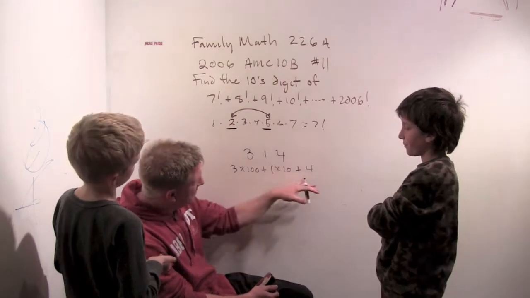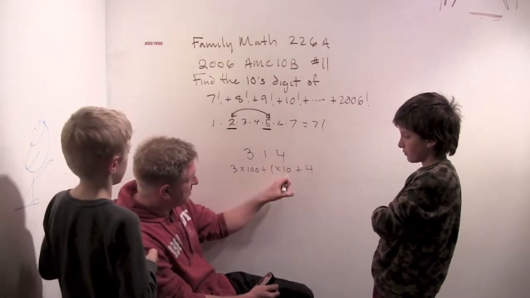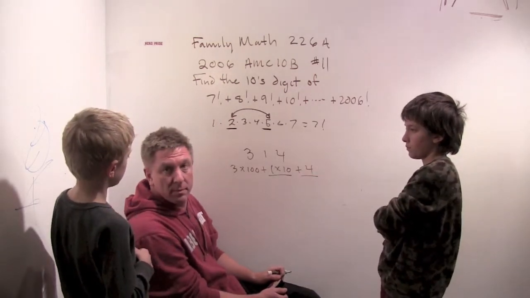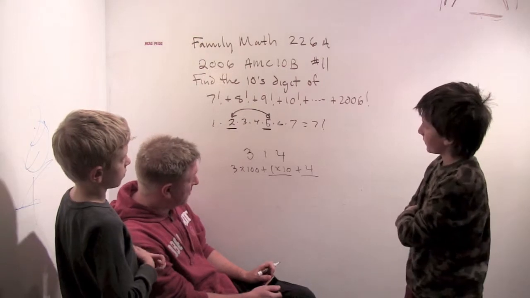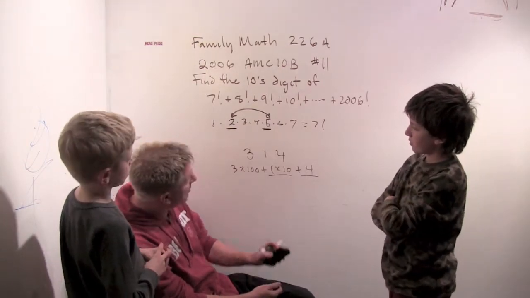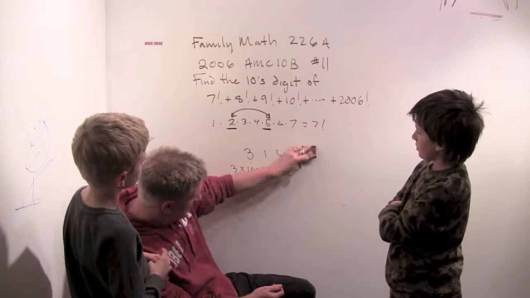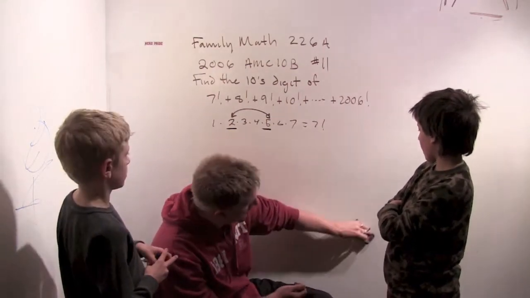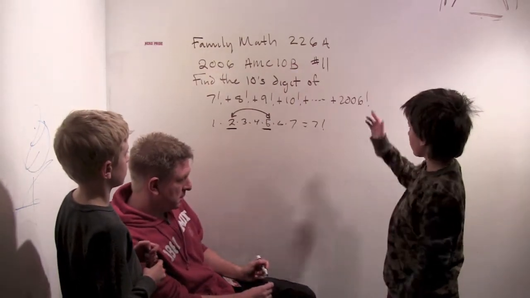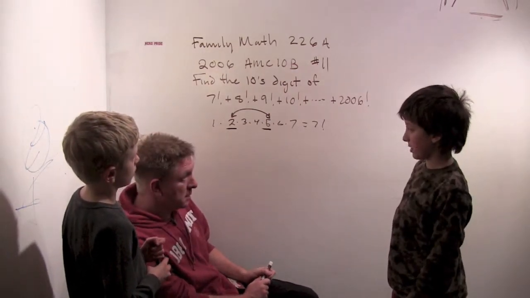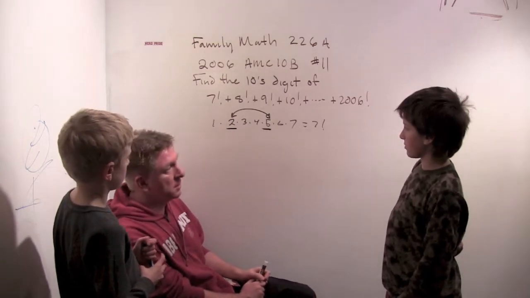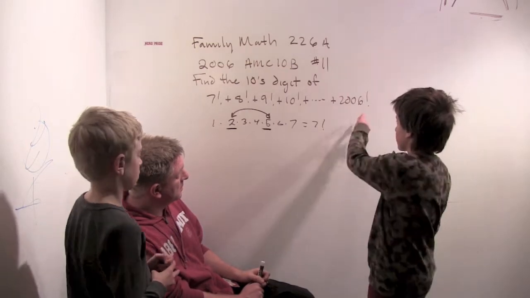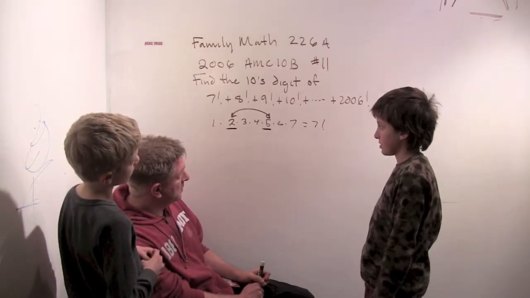But it's not so simple for the tens digit, because the tens digit can come from both the tens digit and from the units digit. So that's a little more complicated, but maybe not super extra complicated. The tens digit itself is what the units digit gives to it plus what the tens digit gives to it.